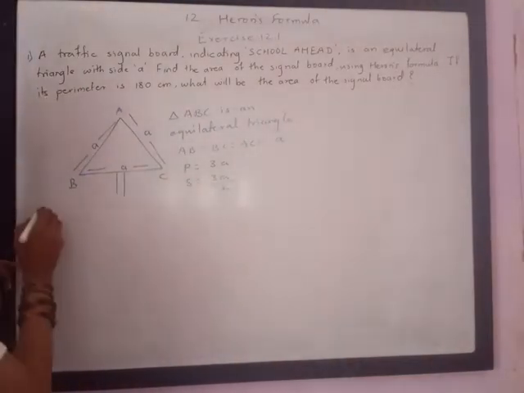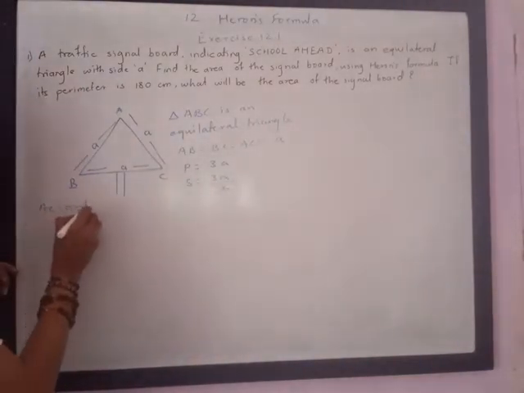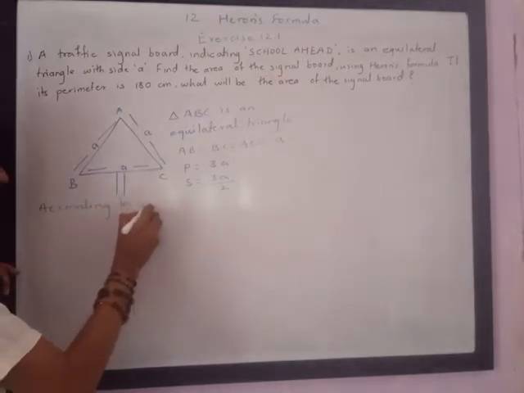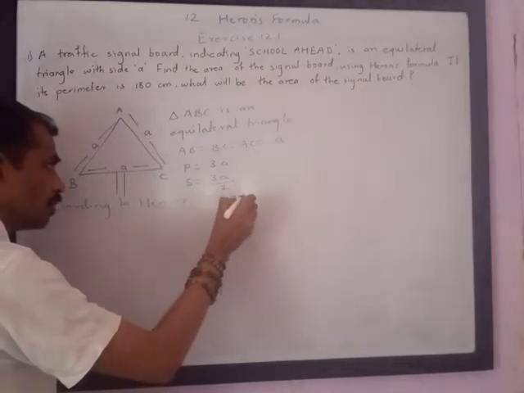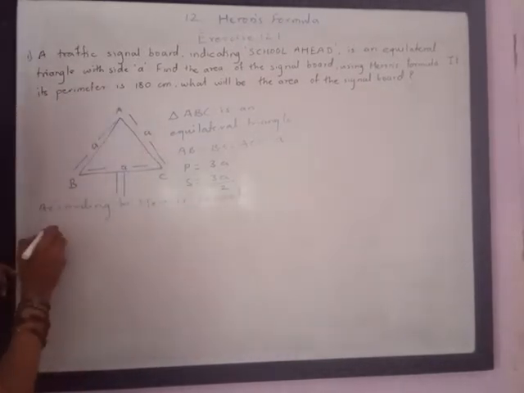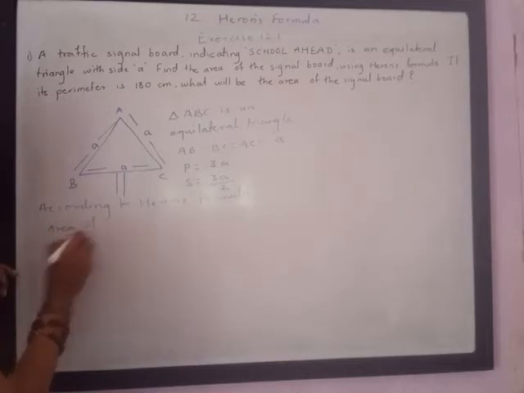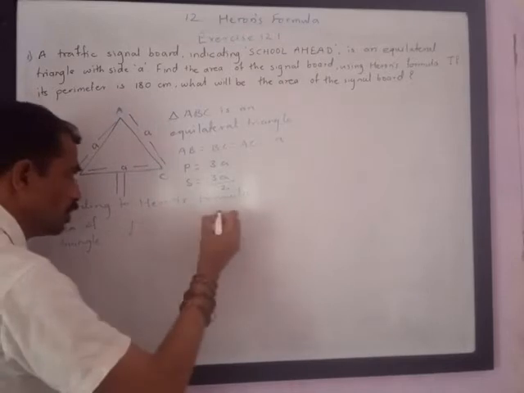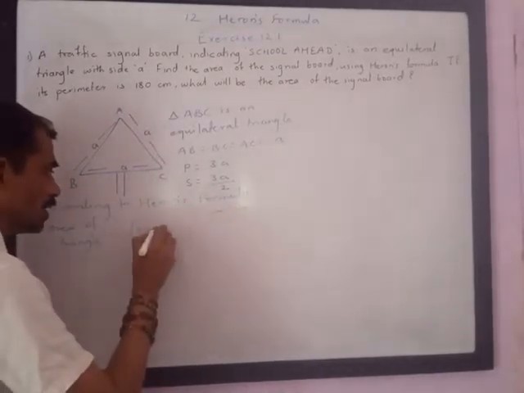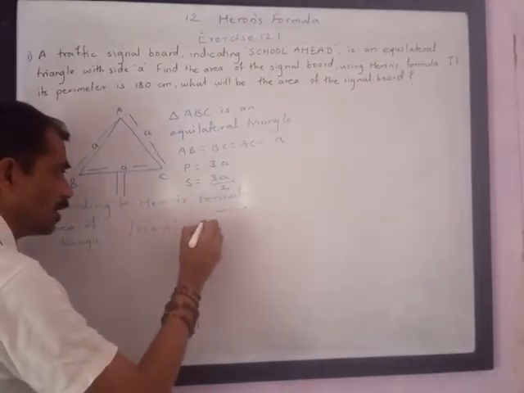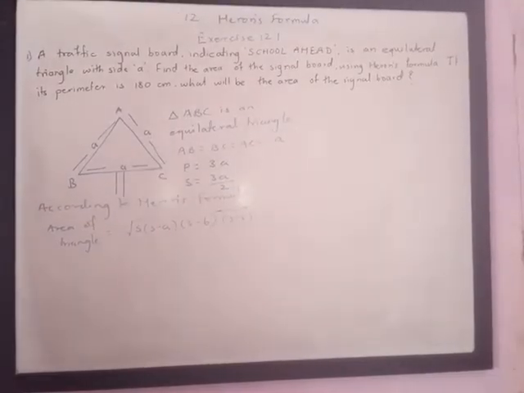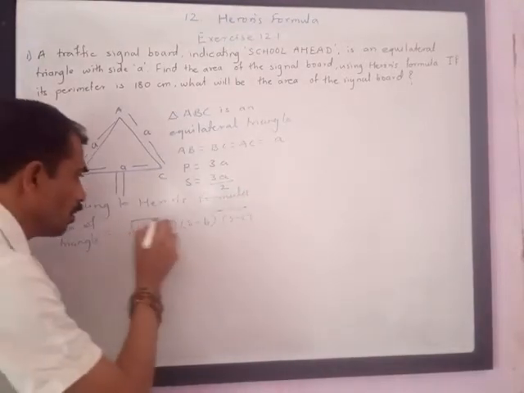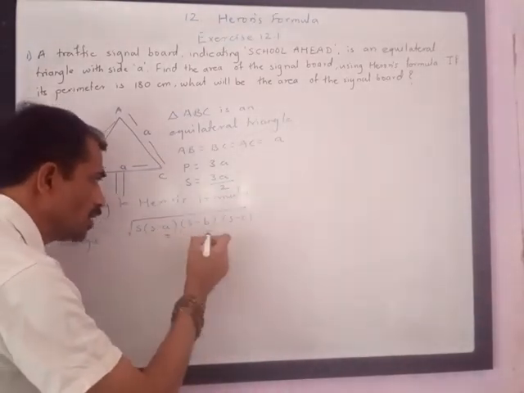Now according to Heron's formula, area of triangle is equal to under root S in bracket S minus A in bracket S minus B in bracket S minus C. Please note here, A, B, C are the sides of the triangle.